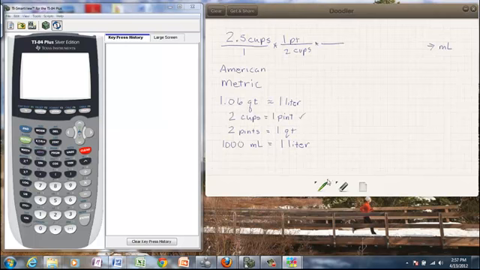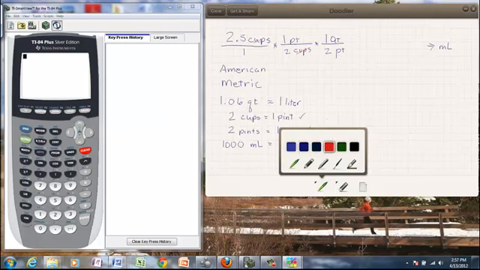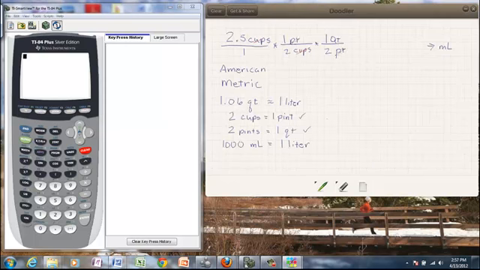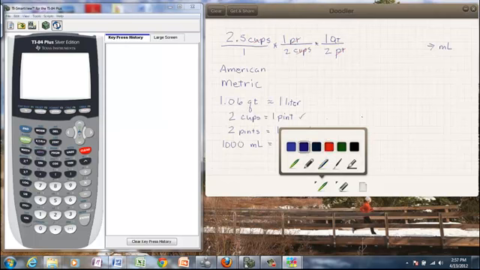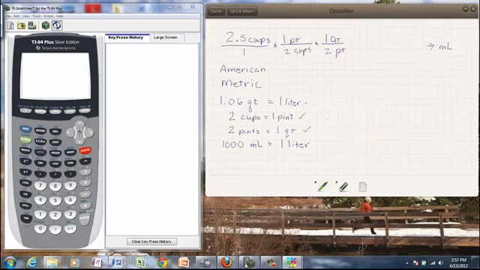Since I now have, well, let's cancel those so I know they're gone. So now I want to work with something that has a pint in it. So that one, but I also have 2 pints is equal to 1 quart. Let's use that one next. So I want the pints to cancel. So the pints now have canceled. And I'm working with quarts now. And here's something with quarts to liters, so we'll use that one.